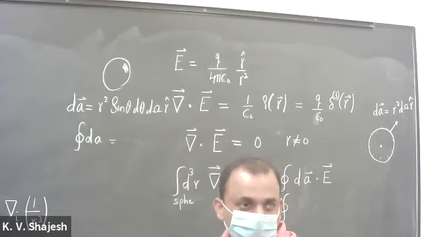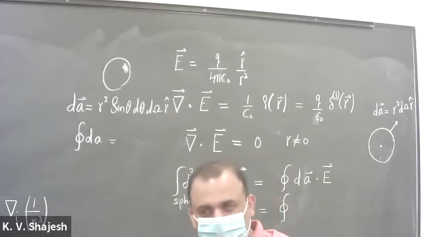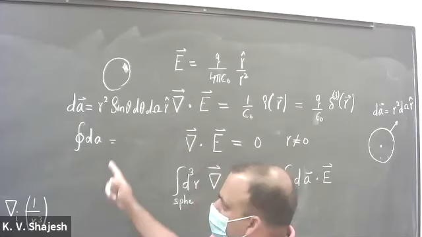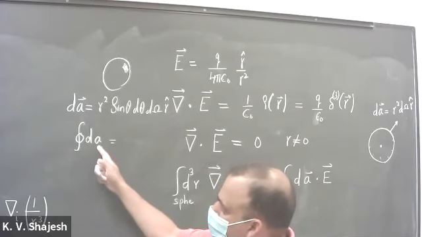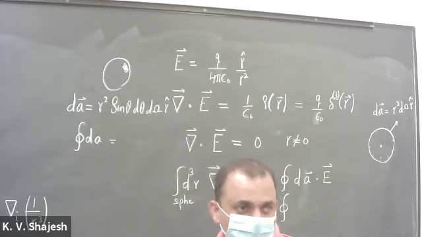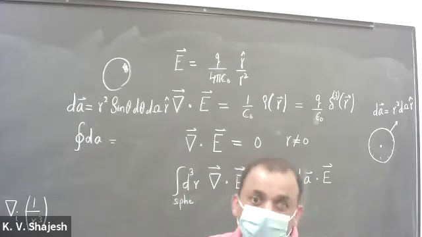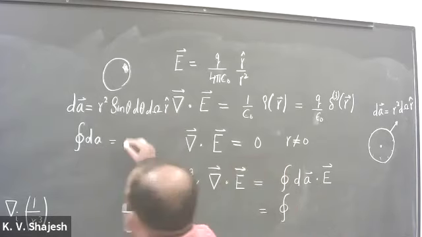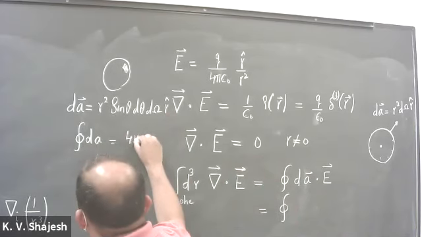Drop the direction, so it's the magnitude of that tiny piece of area. What do I get if I add up all the areas on the surface of a sphere? 4 pi r squared, right? So that's 4 pi r squared.